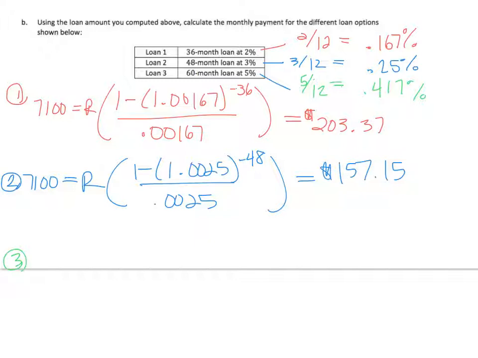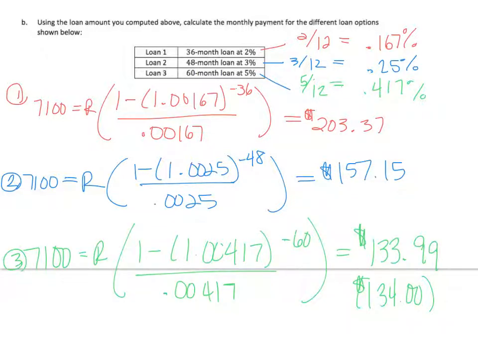One more. Be right back. All right, this last one. I got $133.998776. To me, that rounds to $134. The answer in the book is $133.99. So we have some rounding issues for that one, but that's okay. That's why I gave you both answers.